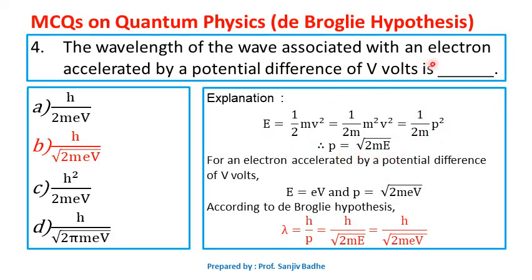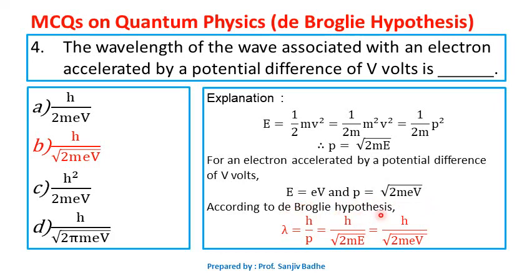Now for this electron which is accelerated by a potential difference of V volts, we can write this kinetic energy also to be equal to e into V, where e is the charge on the electron and V is the potential difference which is used to accelerate the electron. And therefore the momentum becomes square root of 2meV.